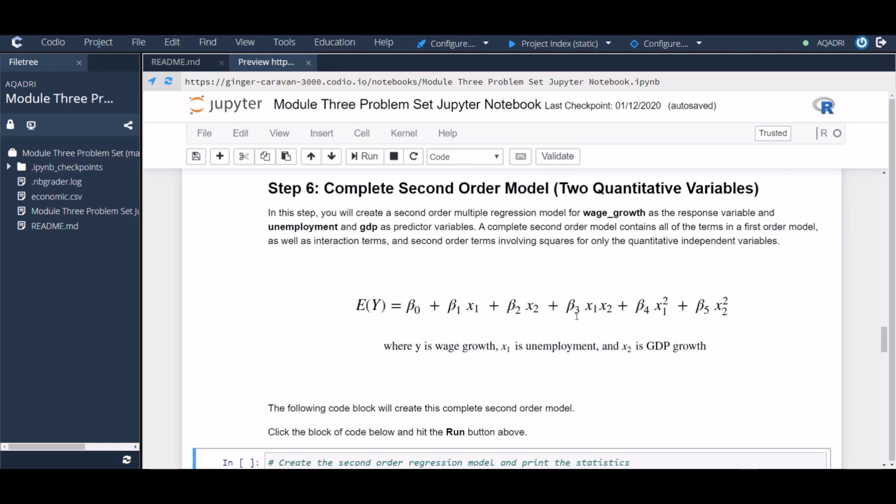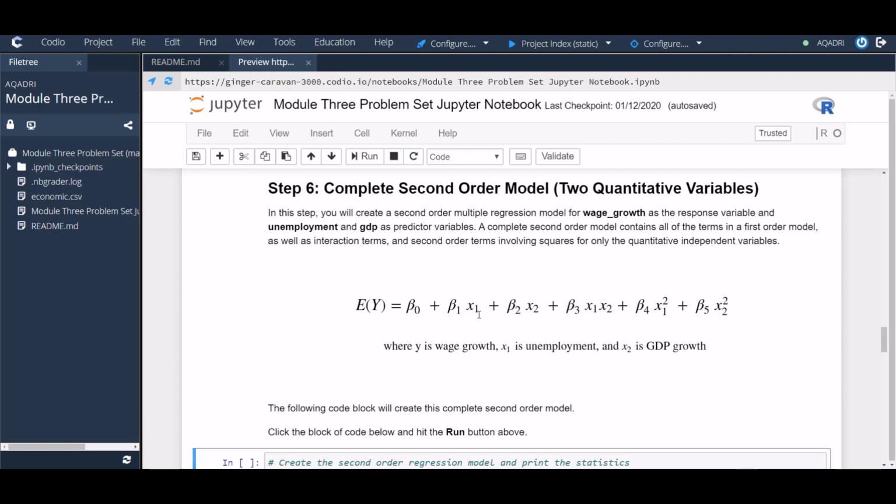That's totally okay. You don't have to include the second order term for x2 if it shows a linear relationship with the response variable. In that case, it would not be a complete second order model, but it would still be a second order model because you would have the second order term for x1. And that's okay to go about it that way.